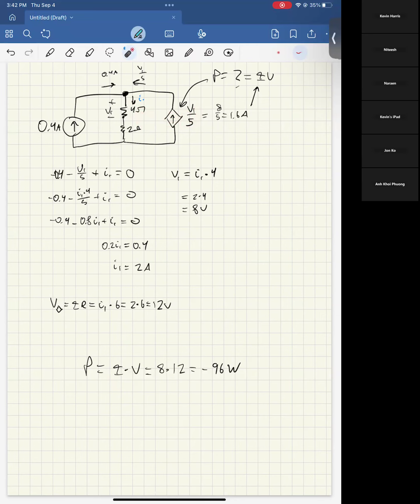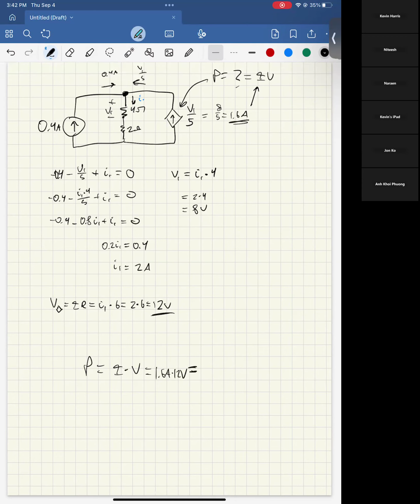Is that clear? So then why did we multiply 8 volts by 12 volts to get 96 watts? Good point. I just did that wrong. Thank you for calling me out on that. You're very right. This should be 12 times 1.6. It should be 1.6 amps times 12 volts.